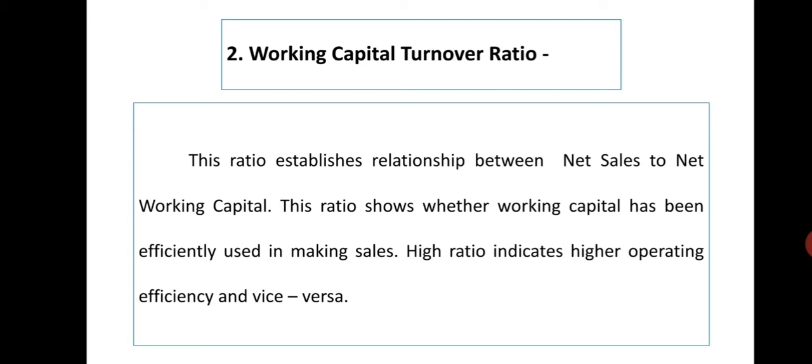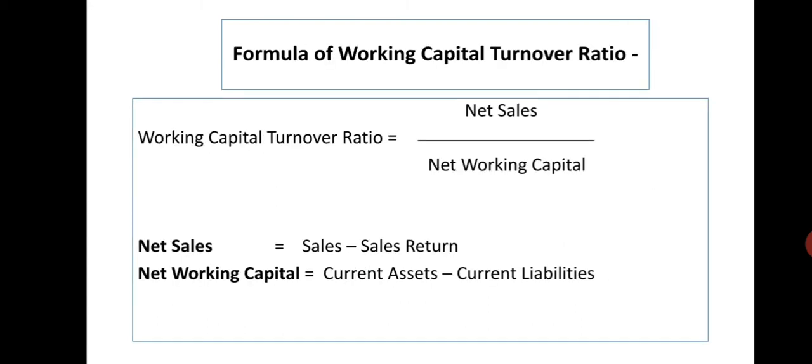A higher ratio indicates higher operating efficiency of the business and vice versa. Now, what is the formula of working capital turnover ratio? Working capital turnover ratio is equal to net sales divided by net working capital. As I told you, net sales means sales minus return, and net working capital means current assets minus current liabilities.